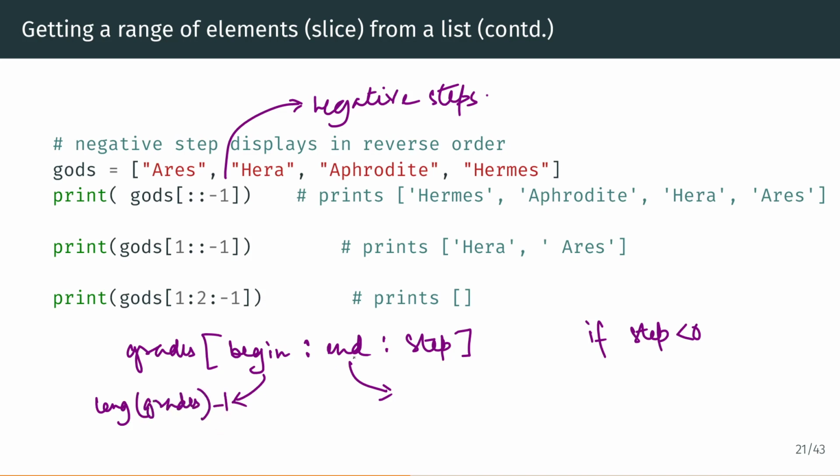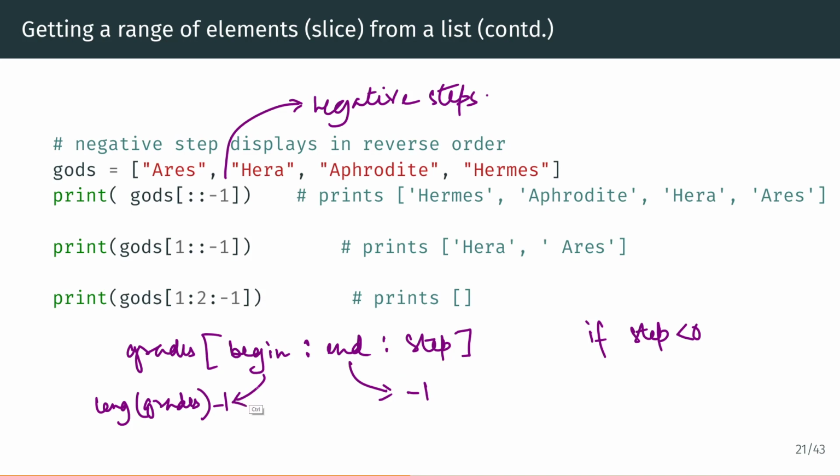That's your beginning. The end would default to -1. Okay, does it make sense? So we will start from the begin and go up to, but not including the end. So we will not go to -1, we'll go up to 0, right? We'll not go to -1.